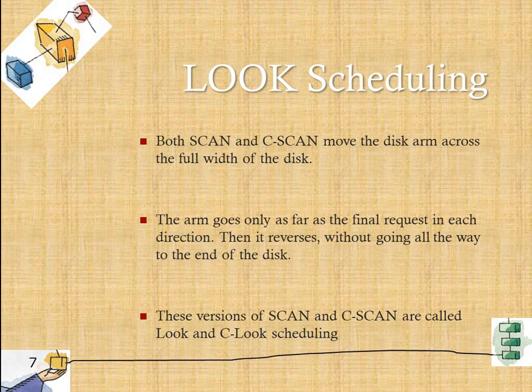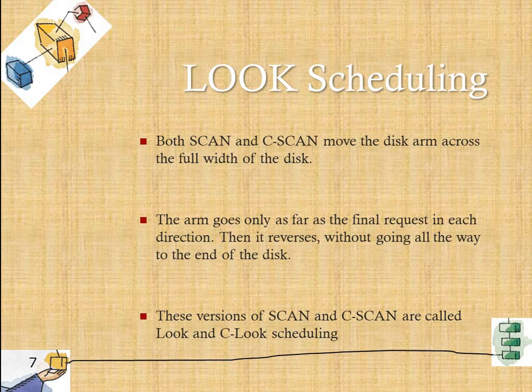It means that even after our request is fulfilled, it moves to the extreme right or the extreme left position of the disk. For example, if I have a request from 53 till 14, then in case of SCAN and C-SCAN, once the disk moves from 53 to location 14, it also reaches the start of the disk, that is position 0.